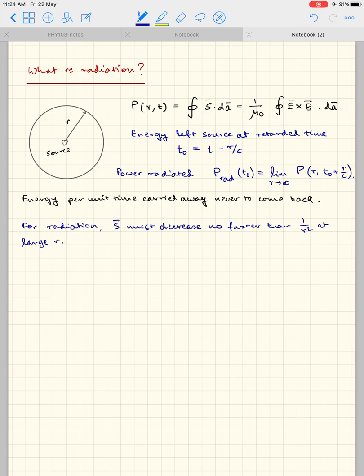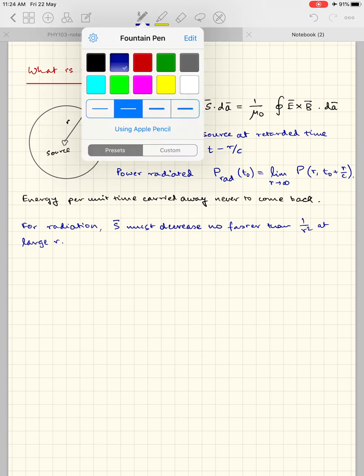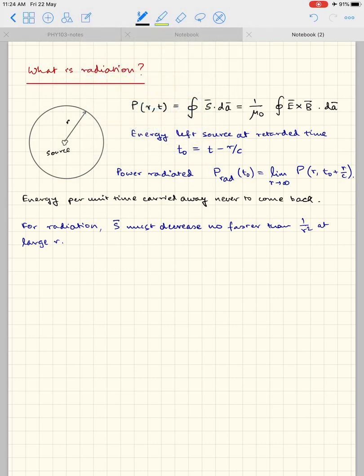So this is because, let's also write down, since the area of a sphere is 4 pi r squared, and the integral, you need to take r going to infinity. Okay, very good.